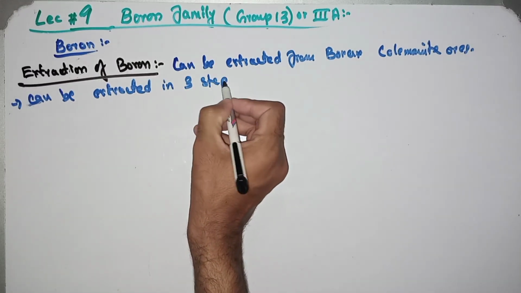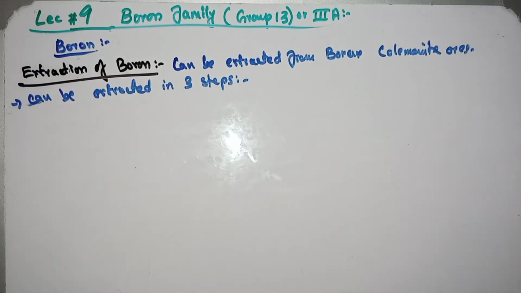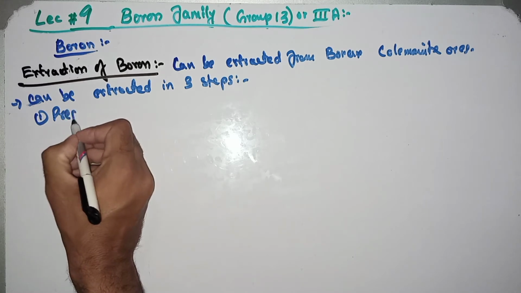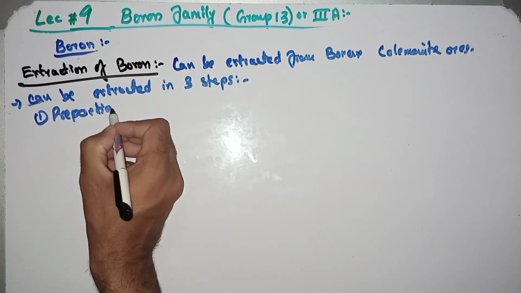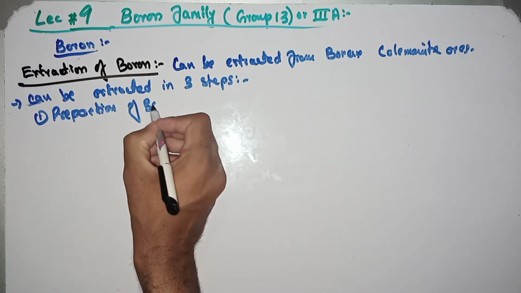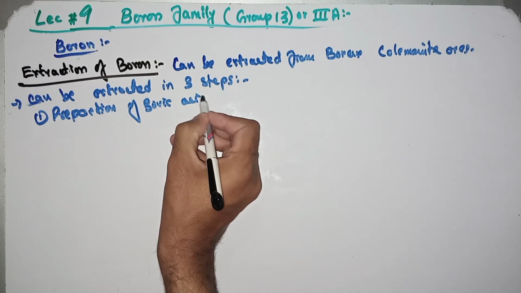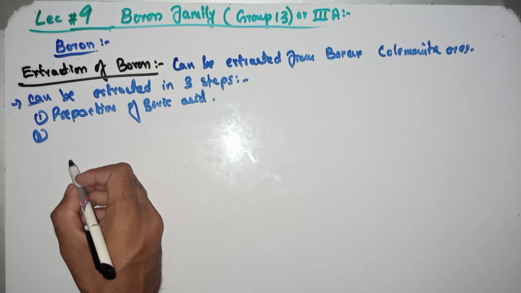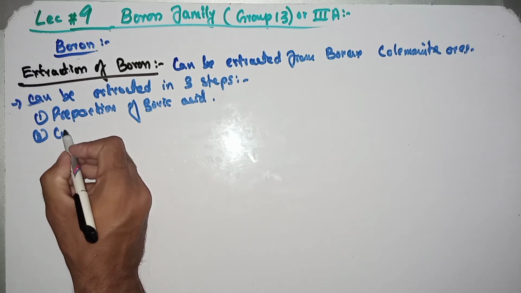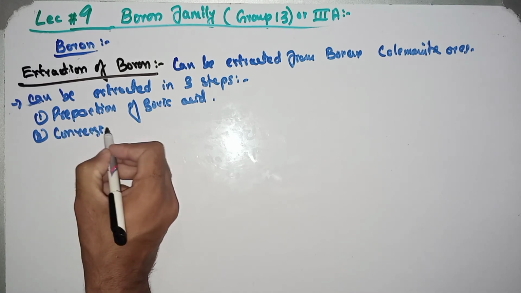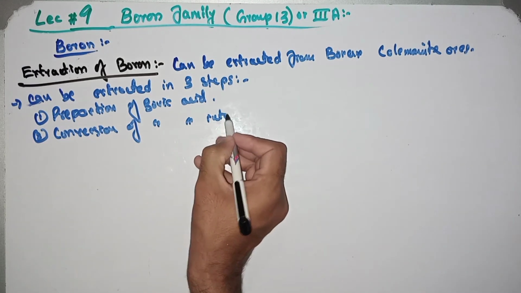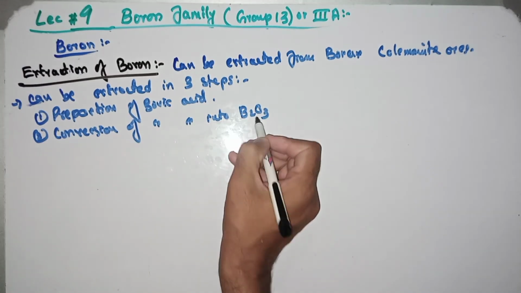It can be extracted in 3 different steps. First of all, the preparation of boric acid. After that, the second step is the conversion of boric acid into boric anhydride, that is B2O3.